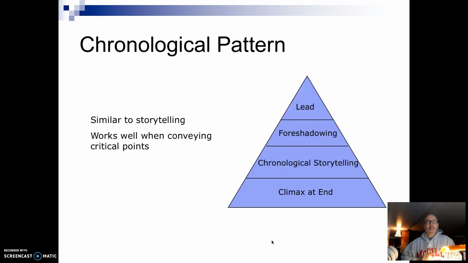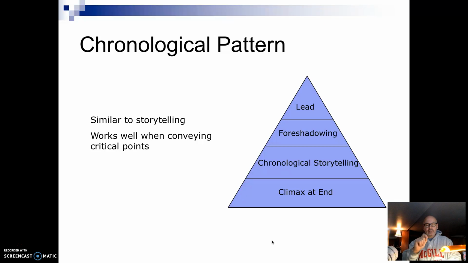Chronological is the opposite of the inverted pyramid. It is similar to the storytelling method, but as you can see, it goes from the lead to some foreshadowing. Then you tell the story from the beginning, outlining the events as they happen without any interpretation or commentary.